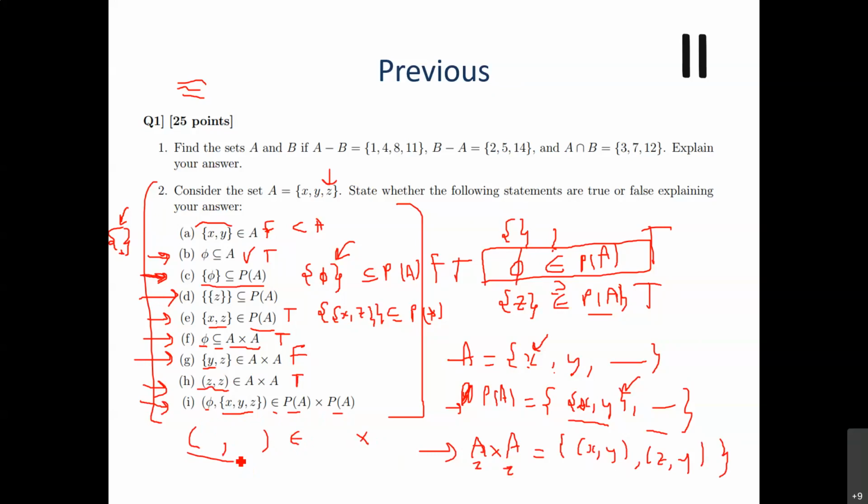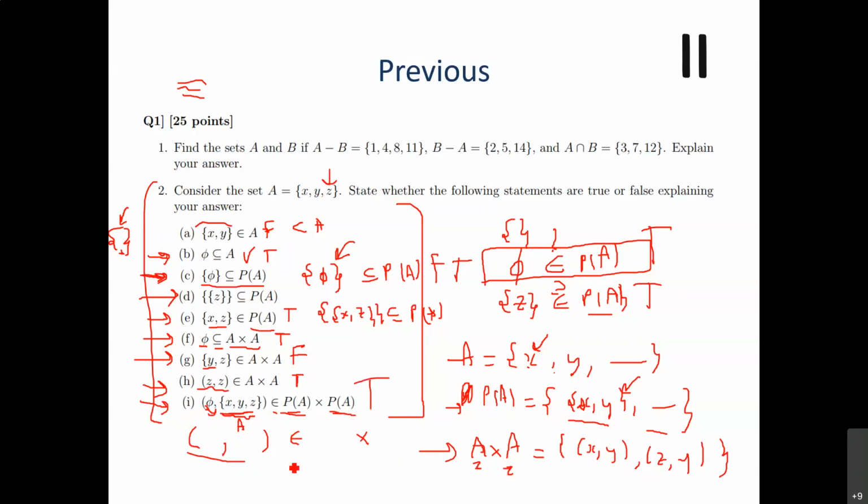We now have to check: does phi belong to P of A? And does this set belong to P of A? In both cases, it's true, because phi as an element does belong to P of A, and {X, Y, Z}, which is simply A, also belongs to P of A. So this is true.